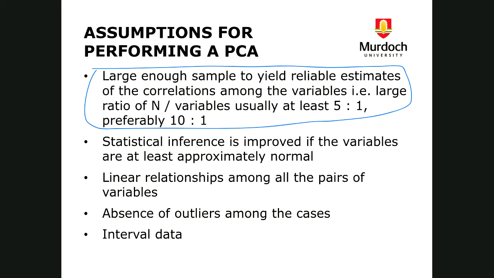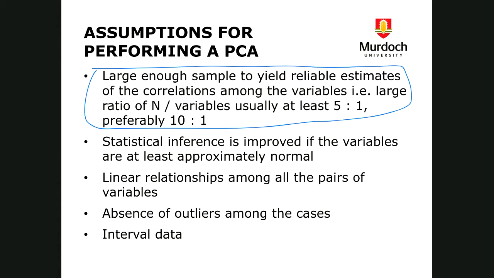Suppose I collected data from my students, and they are 100 students, and I have 10 variables. Can I say that I have met this assumption? Yes. If I have 5 variables, I need 50 cases. If I have 10 variables, then I need 10 by 10, it's going to be 100. So, okay, that's going to be it.